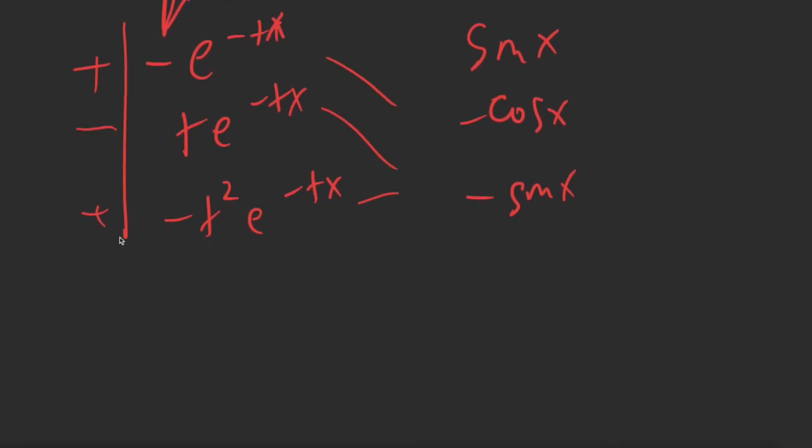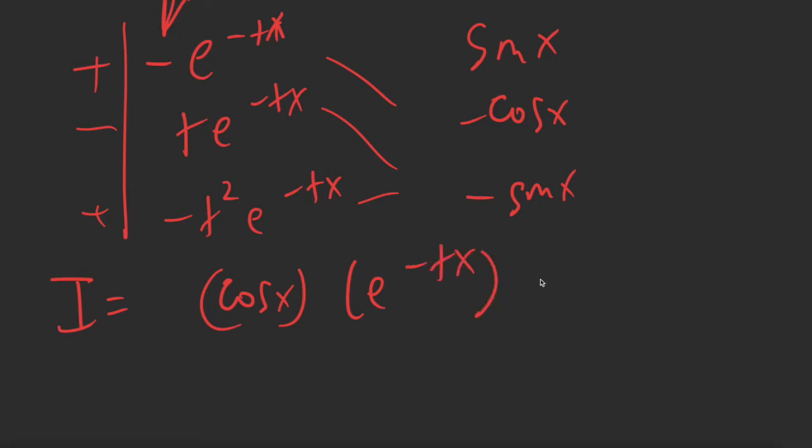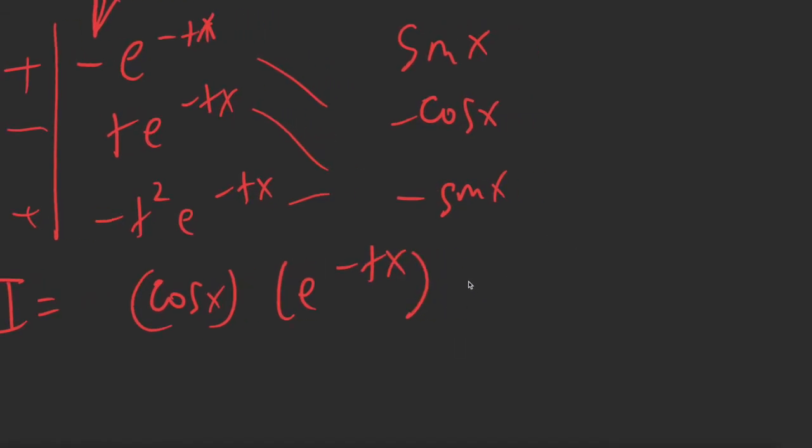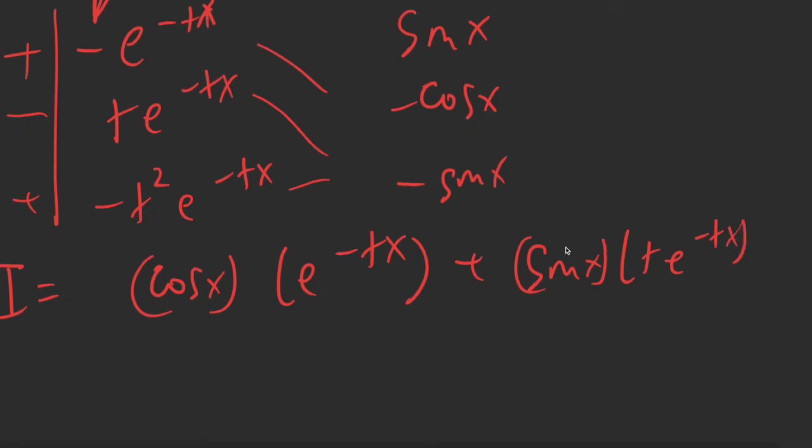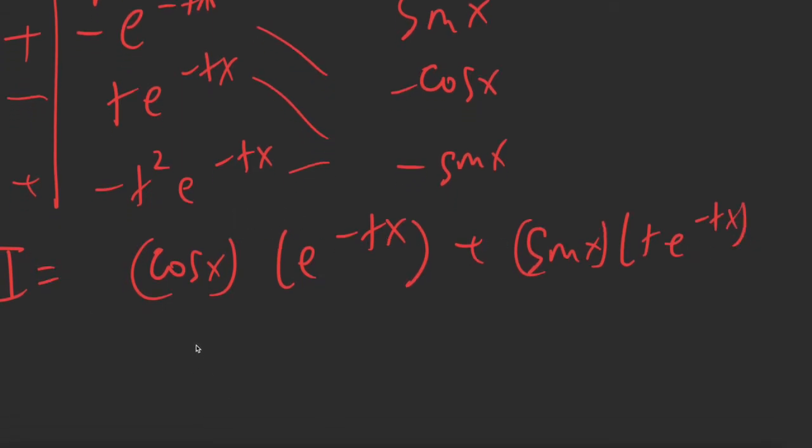So we have I is equal to cos x into e to the power minus tx plus sin x t e to the power minus tx, and for this one plus t square.